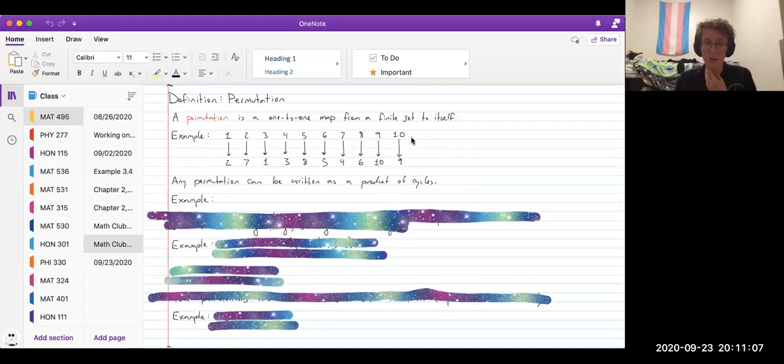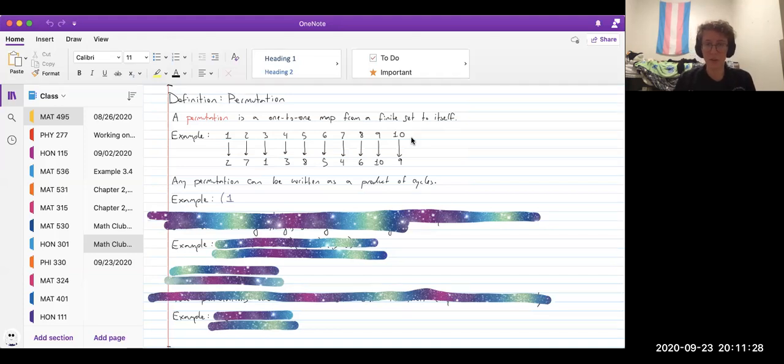You start with a left parenthesis, and it doesn't matter which number you start with, but I'm going to start with 1 because that's the smallest number here.